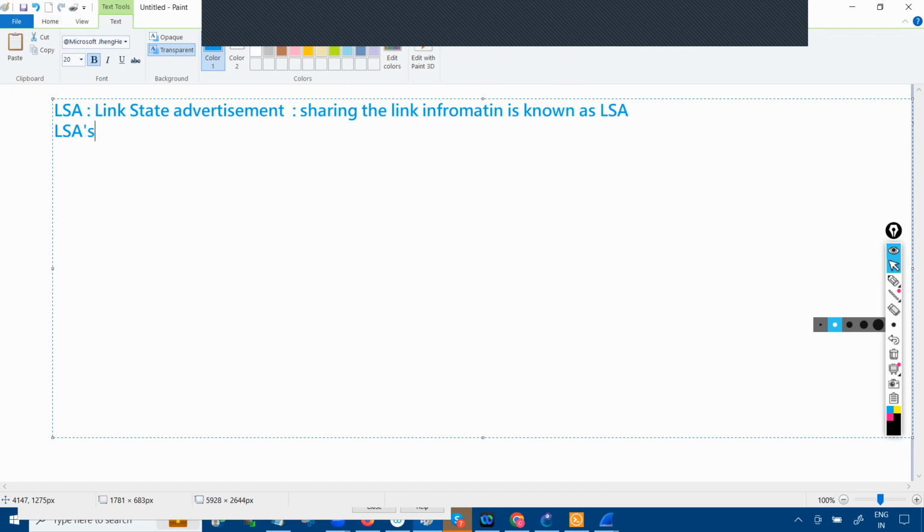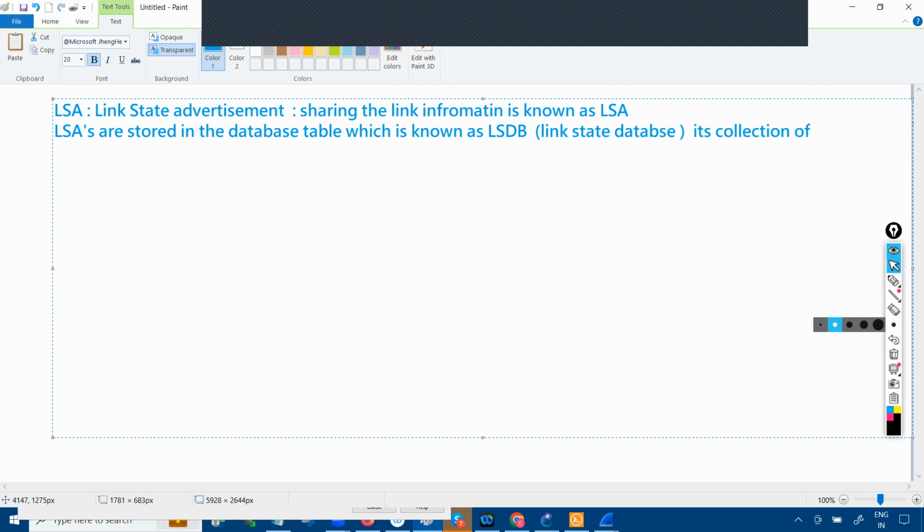LSAs are stored in the database table, which is known as the LSDB table, the Link State Database table. It's a collection of LSAs.